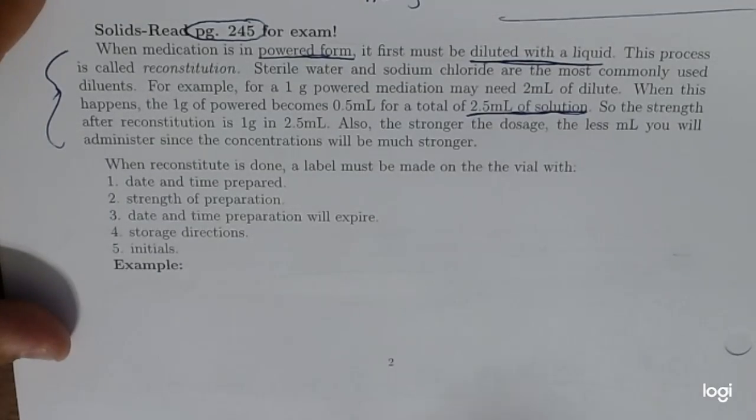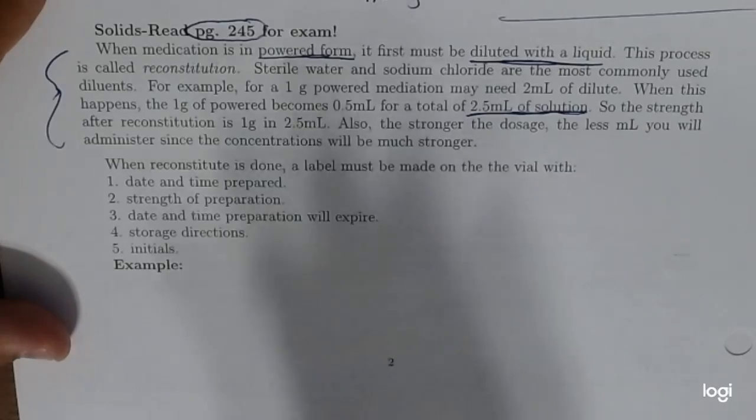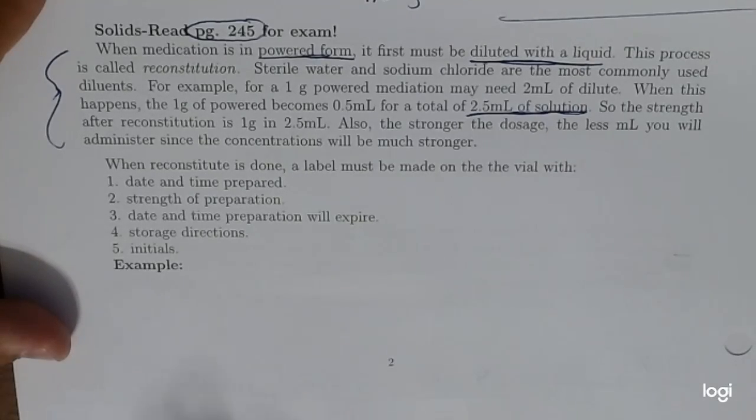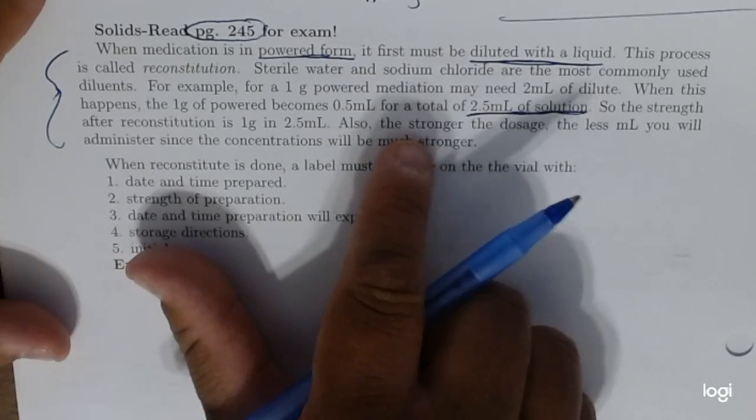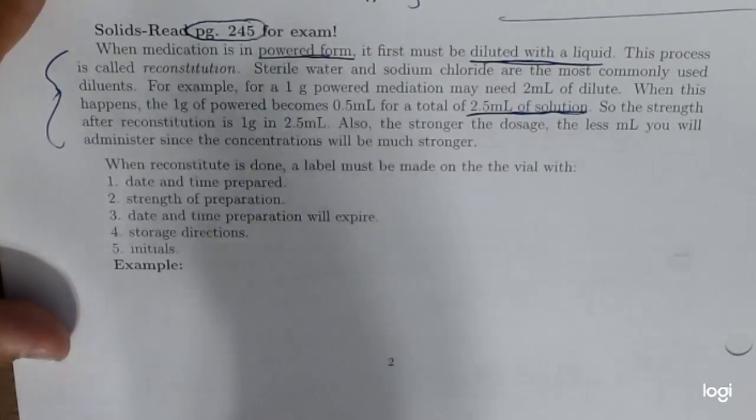If you add a solid into water, the whole solution rises, so you have more volume. It would make sense that if you add 1 gram to 2 milliliters of water, everything would rise in total and you'd have more solution. It's like putting ice in water; the water rises because of the same concept. So the strength after reconstitution is 1 gram in 2.5 milliliters.